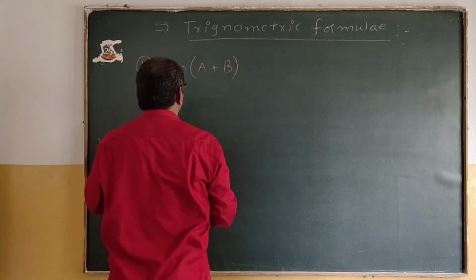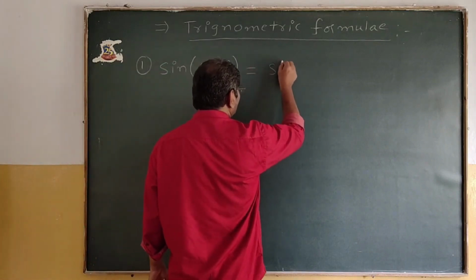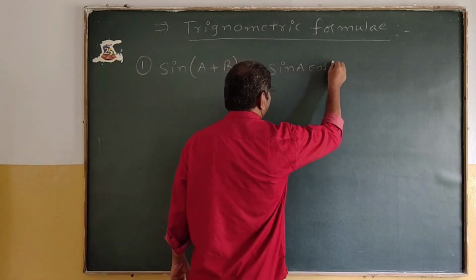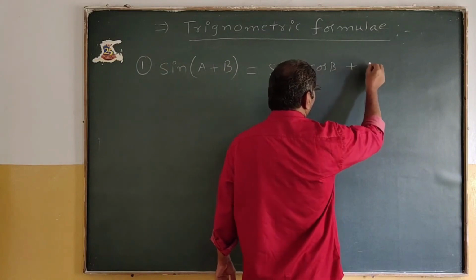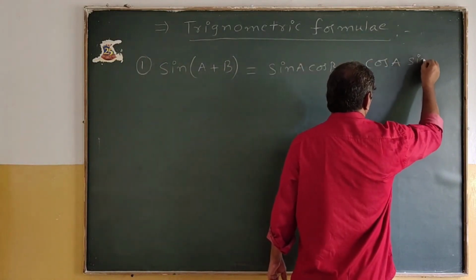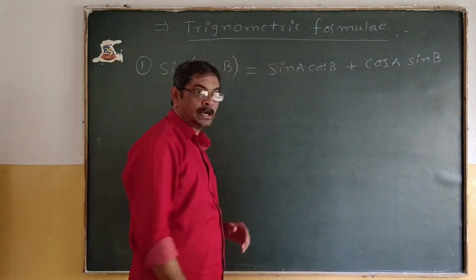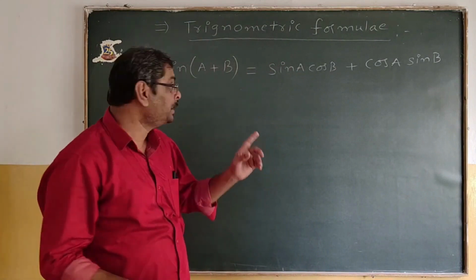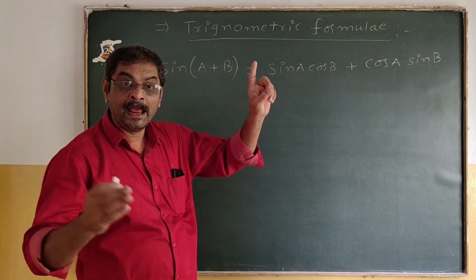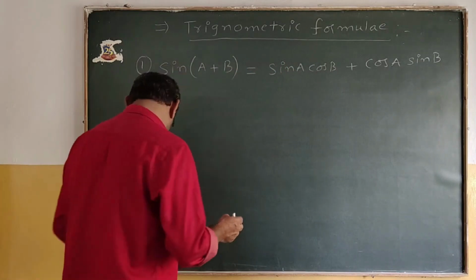So remember sine of a plus b will be numerically equal to sine a cos b plus cos a sine b. So remember the first important formula, sine of a plus b will be numerically equal to sine a cos b plus cos a sine b.